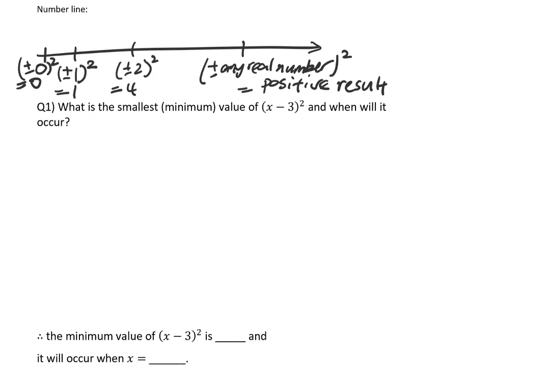What is the smallest or minimum value of x minus 3 squared, and when will it occur? So we deal with x minus 3 squared first. You begin by writing: since x minus 3 squared is more than or equal to 0. Why I put more than or equal to 0 is because it has to be positive or at least 0, for all real values of x.